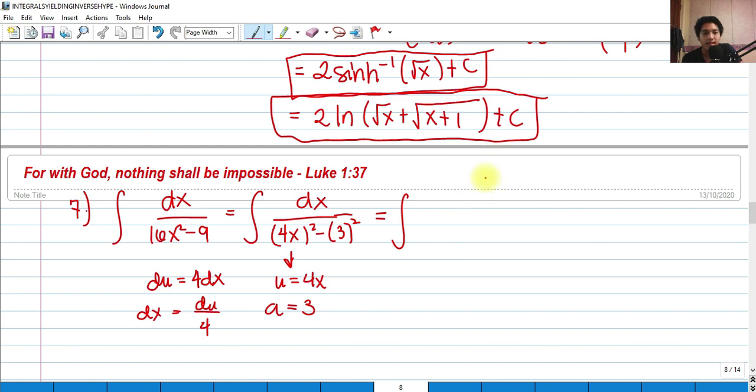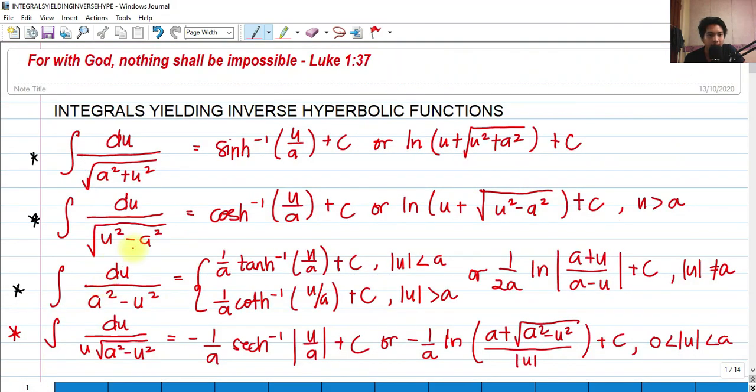So that would be the integral of du all over 4 over u squared minus a squared. We have to factor out 1/4 outside of the integral sign so that we have du all over u squared minus a squared. Take note that in our formula, this is a squared minus u squared.